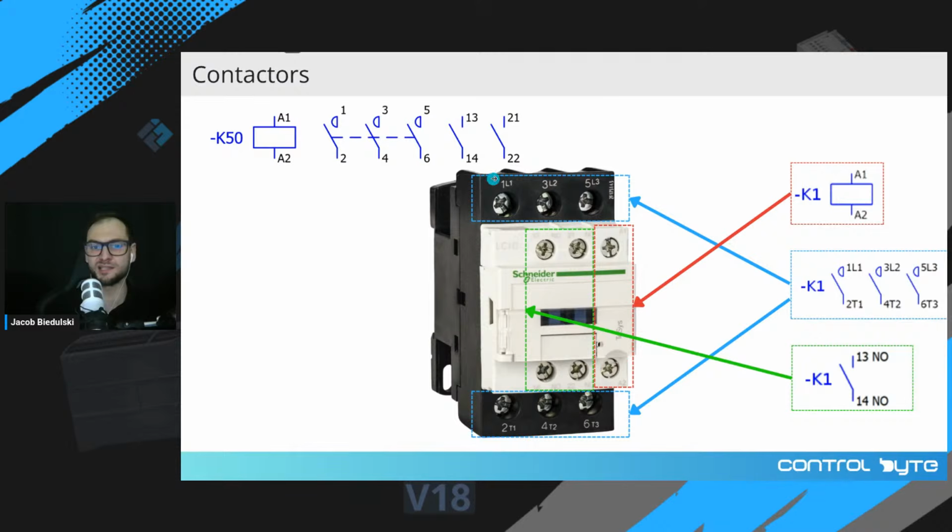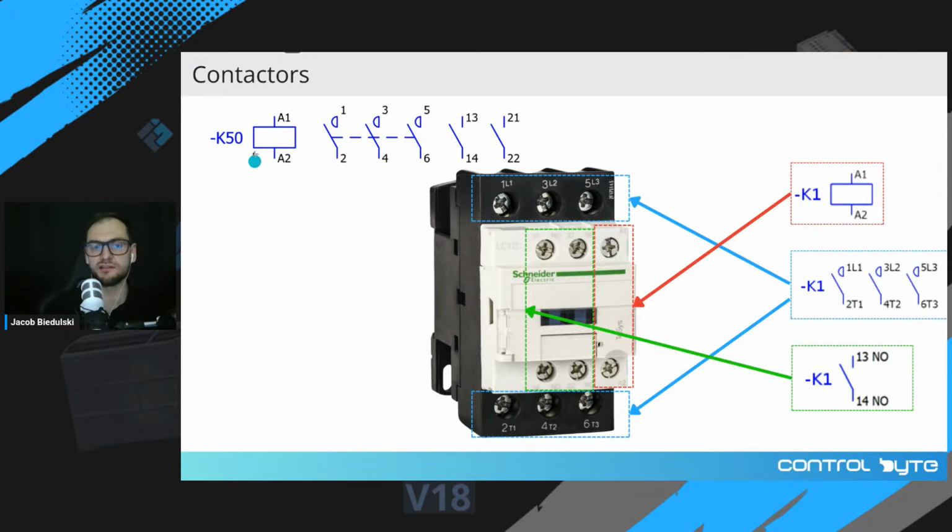Those are auxiliary contacts. And the last symbol on the left with A1 and A2 terminals, this is the coil of the contactor. What is the coil? The coil is a part of the contactor inside that switches the power contacts and auxiliary contacts on and off.